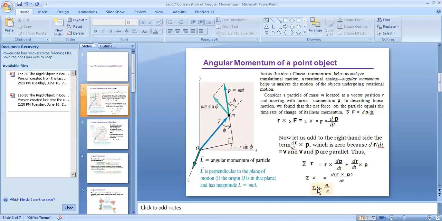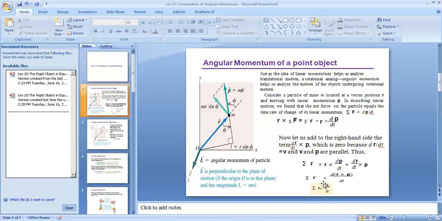From this expression, we can see that if net torque on a particle is zero, dL over dt will be equal to zero.